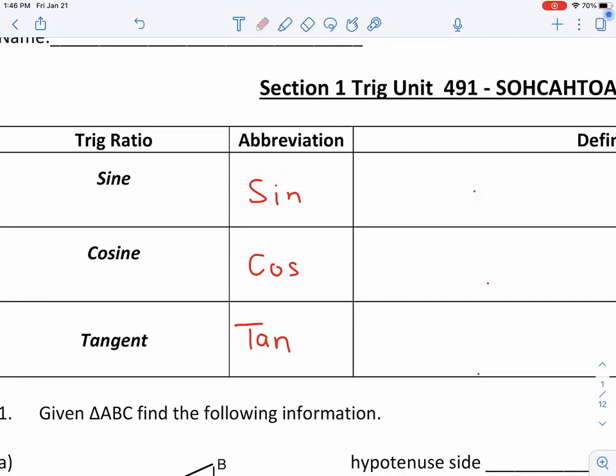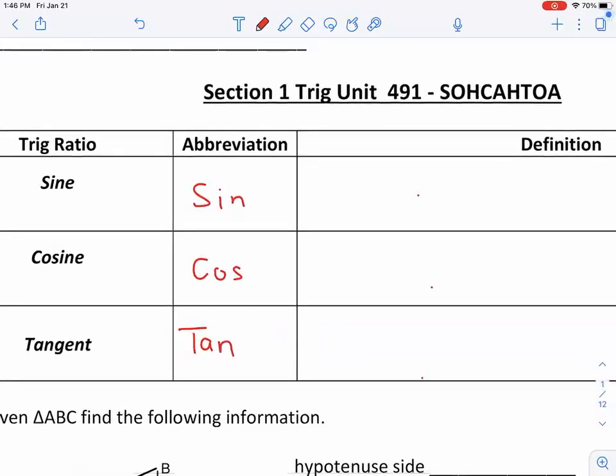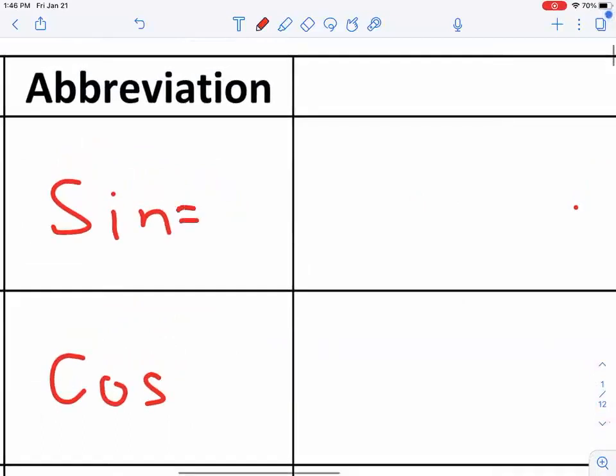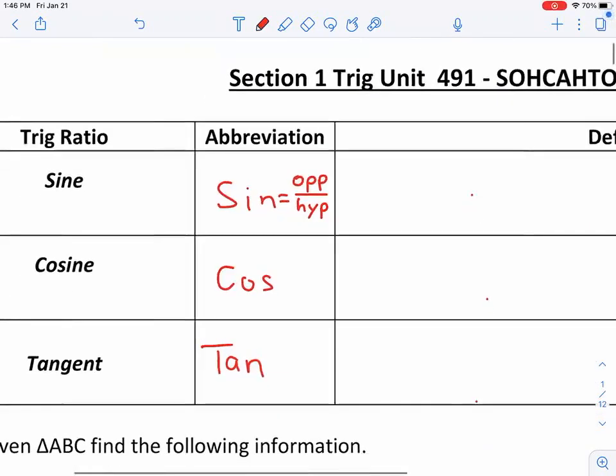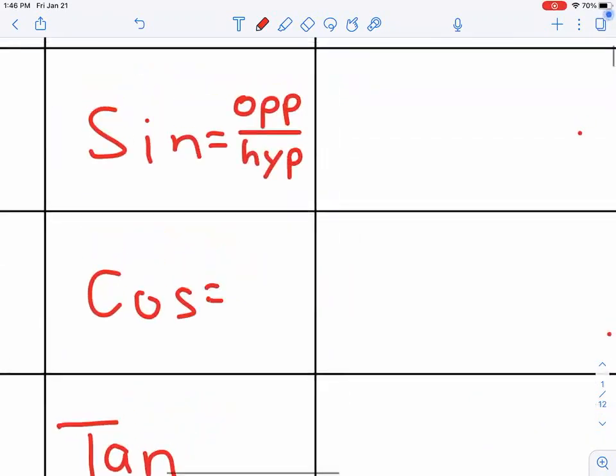And what are those ratios? They are ratios of sides. The sine is the opposite divided by the hypotenuse. The cosine is the adjacent divided by the hypotenuse.